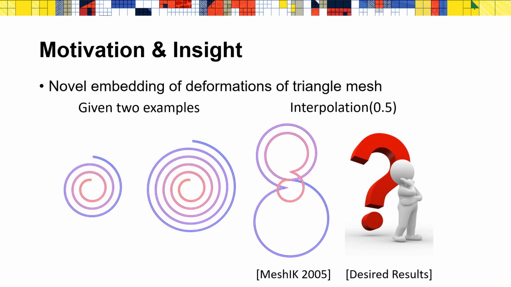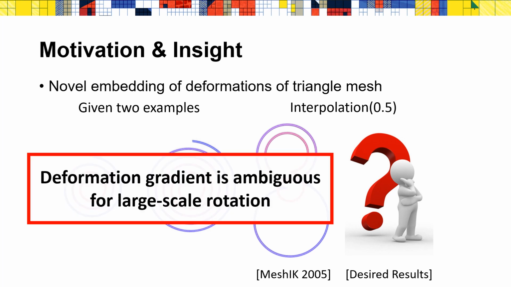This is because there is ambiguity for the deformation gradient. When we interpolate the deformation gradient, we will get the wrong result. This is because the deformation gradient is ambiguous for large-scale rotation.